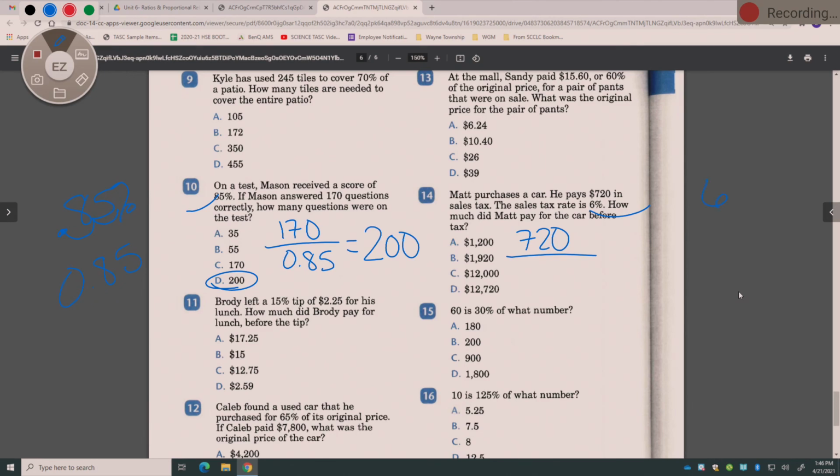Remember, I've got my 6. Start here and go 2 spaces to the left and draw your decimal. So 6% is 0.06, and my whole is 12,000.